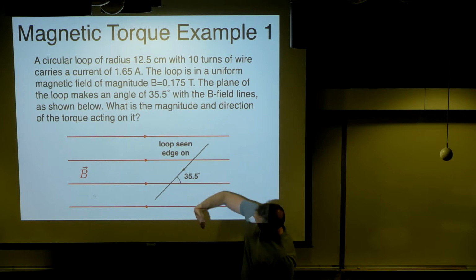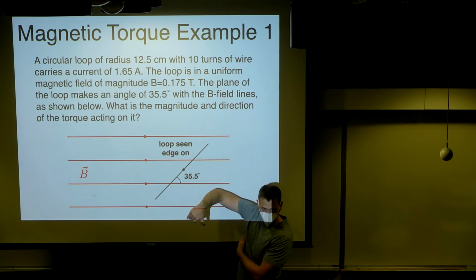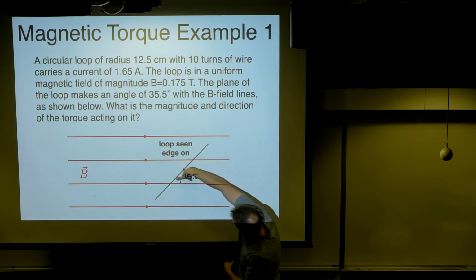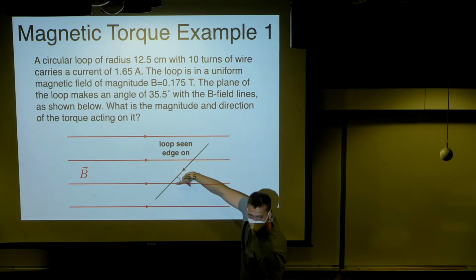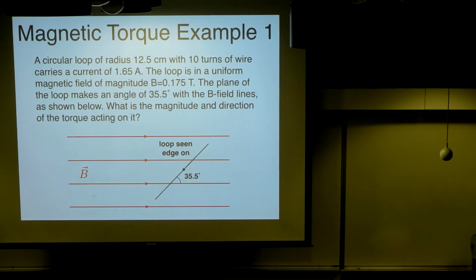So we're going to curl those fingers in the direction that current circulates around the loop like this, okay? And then my thumb is pointing in the direction of mu. So that's pointing that way, kind of into the fourth quadrant, down into the right like this. Make sense? Okay. So I just wanted to establish that basic picture. Now we're going to draw a diagram, put some more detail on it, and allow us to do the calculation.